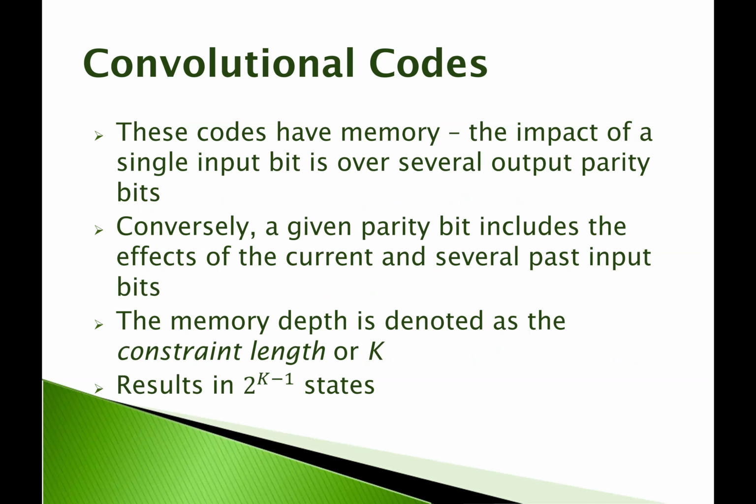That's really the thing that distinguishes them from block codes. The impact of a single bit is spread over several output parity bits. Another way of looking at it is that a given parity bit includes the effects of the current and several past input bits. The memory depth that produces this effect is denoted as a constraint length.